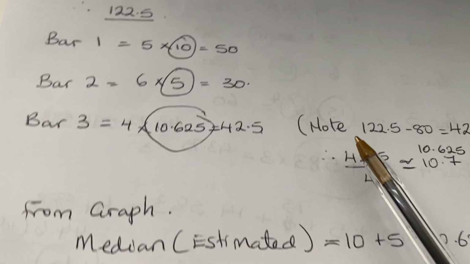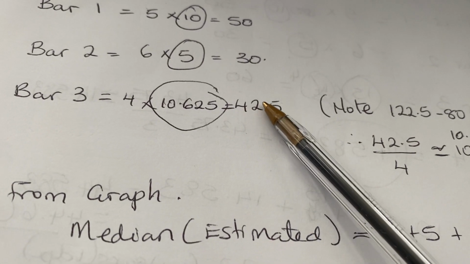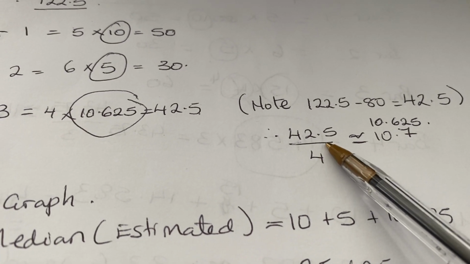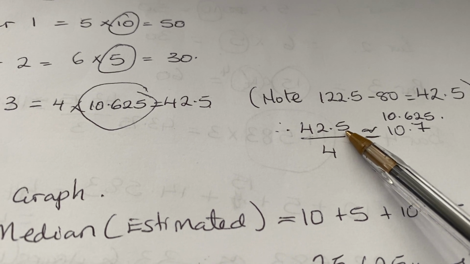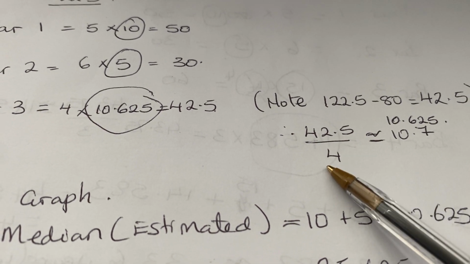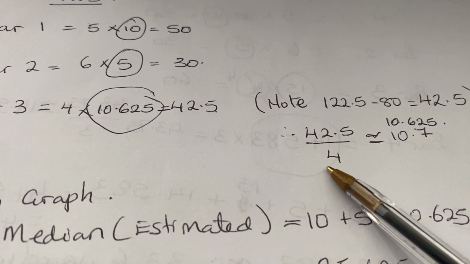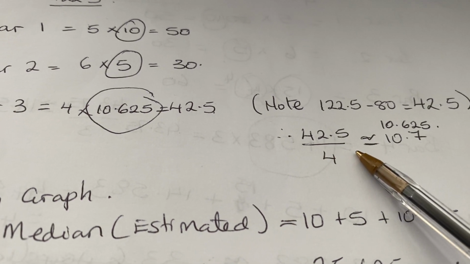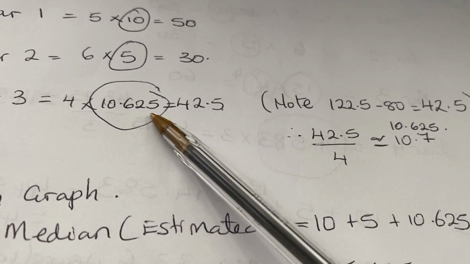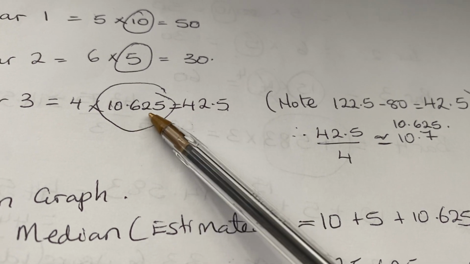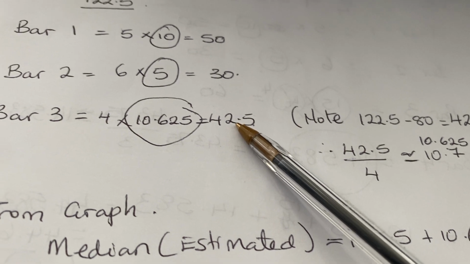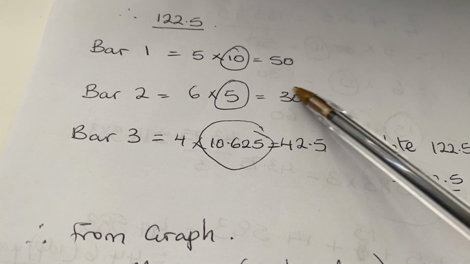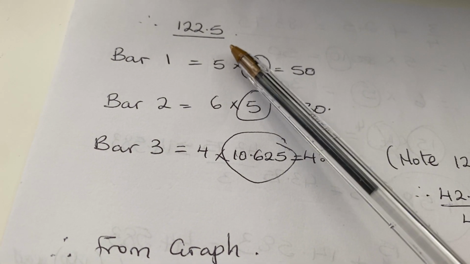Now what do you divide 42.5 by, which is the frequency density? For the third bar, you divide it by 4, you get 10.625. So 4 times 10.625 will give you 42.5, which when you add to your 80, you get the exact median position.